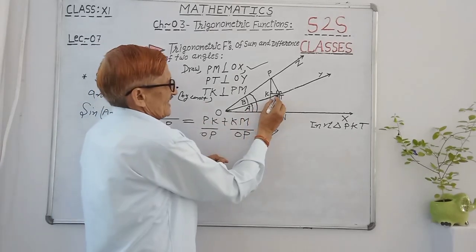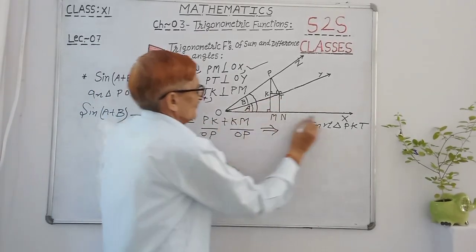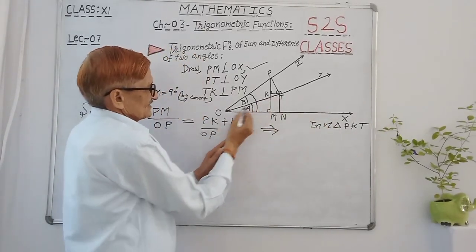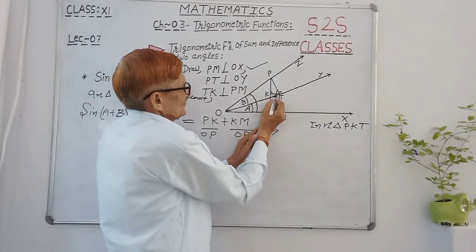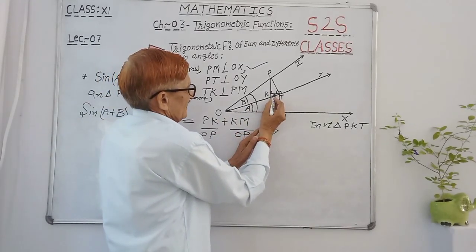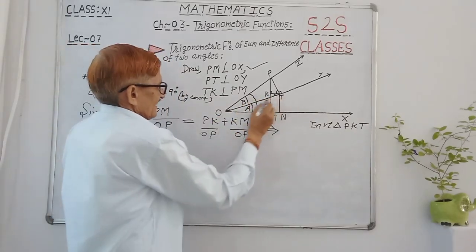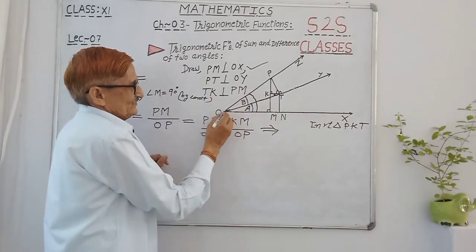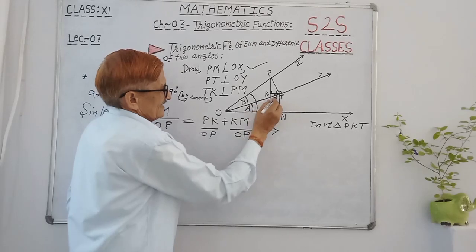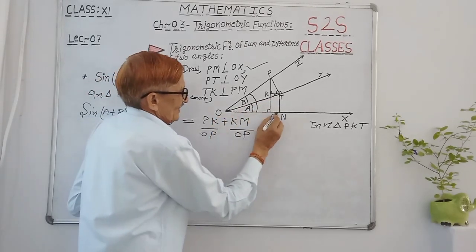So these are two parallel lines, KT and OX, and one transversal line OT. So angle KTO will be equal to angle TON.